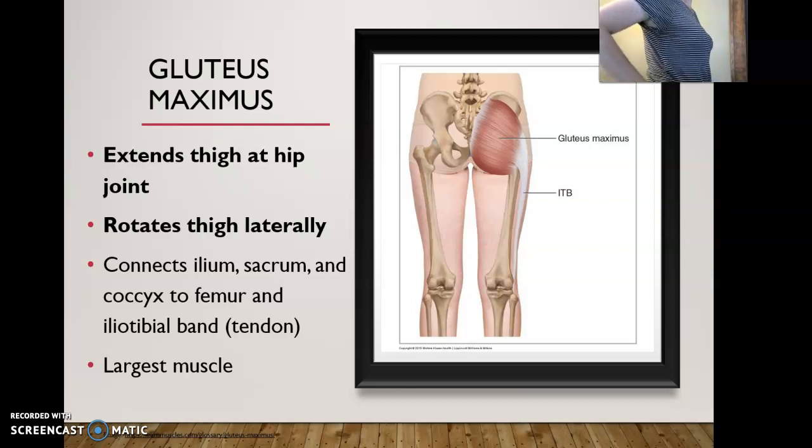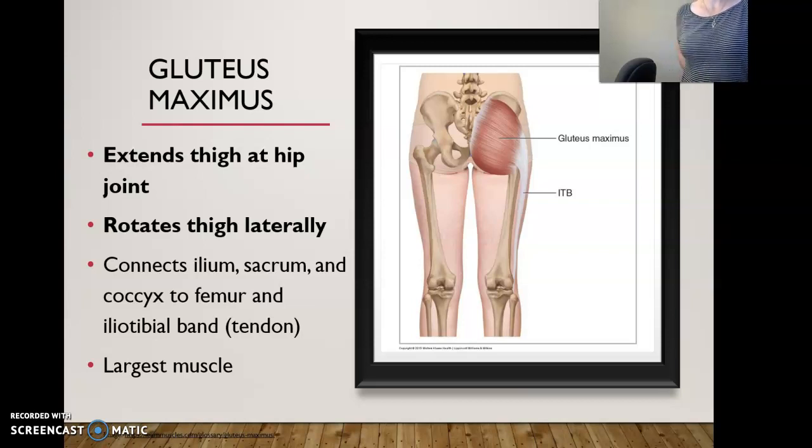If we remember, flexing your leg is when you bring it up. So have your leg up and then touch your gluteus maximus and extend it, and you should be able to feel your gluteus maximus contract. And then also rotating the thigh laterally, that's bringing it out. So again, have one knee up and hold on to your gluteus maximus and then rotate your knee out.